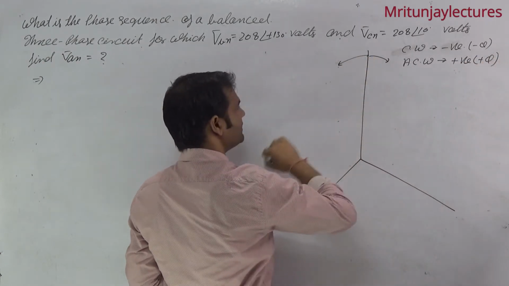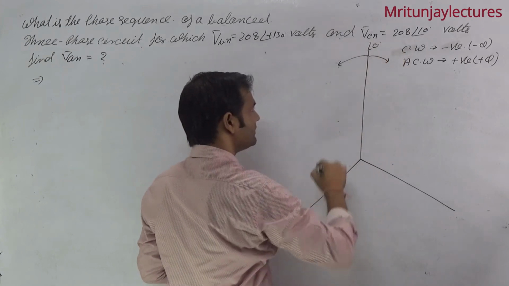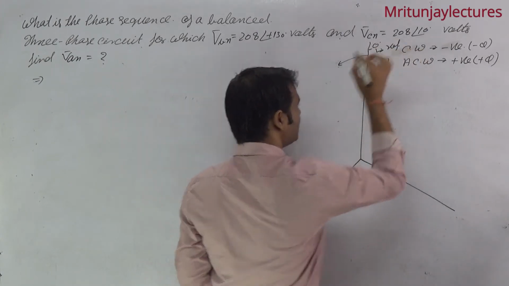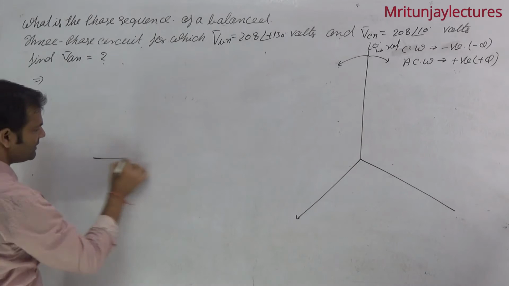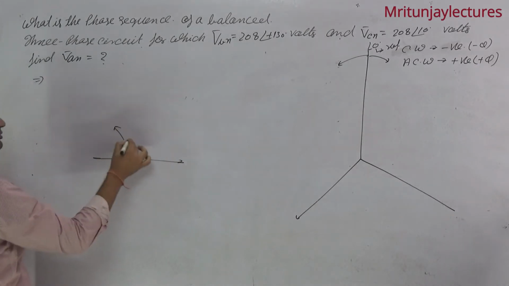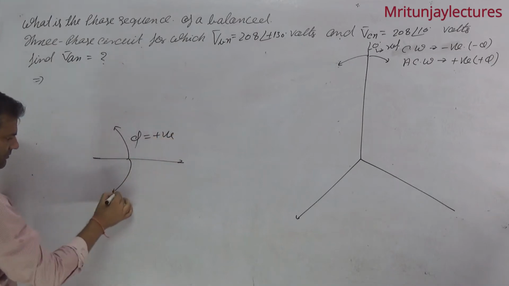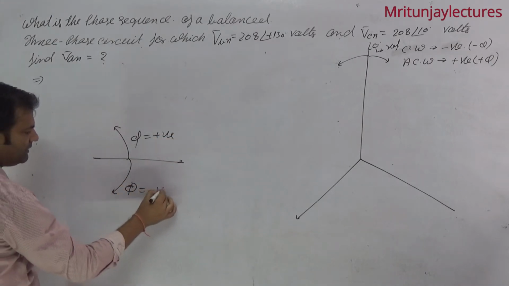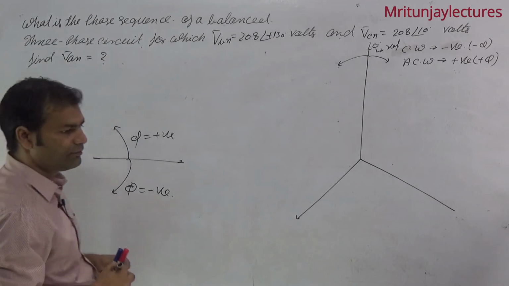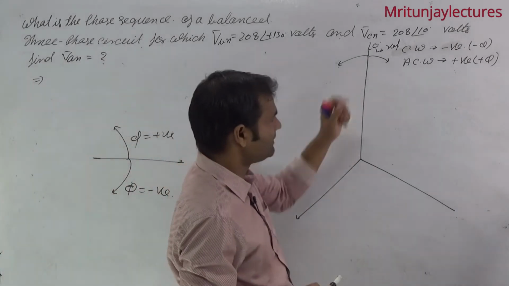This one is the reference. Most of the time we take the reference like this. If theta goes in this direction, it is positive; if it goes in this direction, it is negative. Clear? For simplicity, we take it like this.